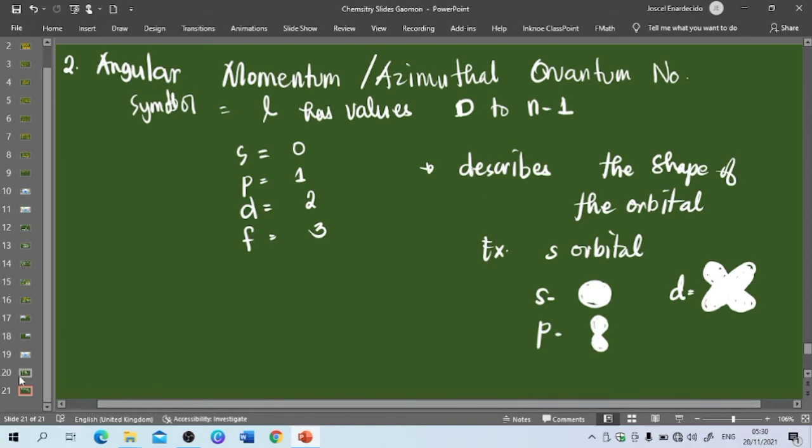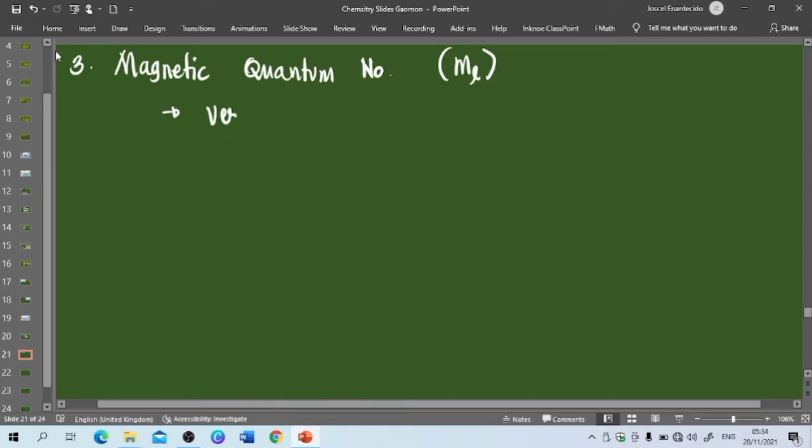Now let us proceed to number 3. The third quantum number is what we call the magnetic quantum number, which has a symbol of m sub L. Now, this is very dependent on the value of the angular momentum.